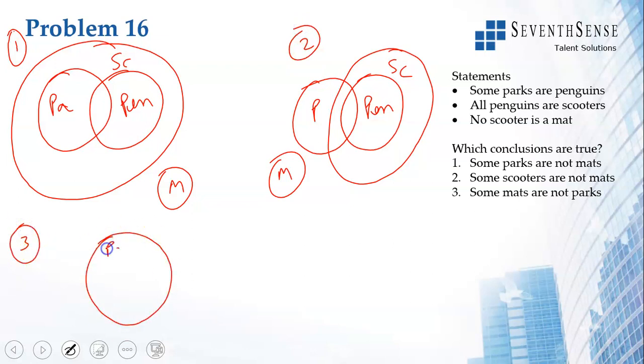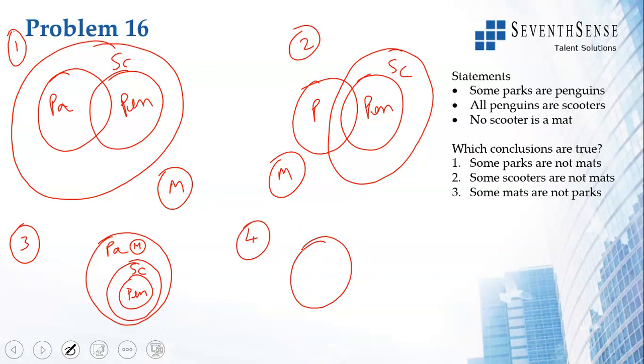Some parks are penguins. All penguins are scooters. No scooter is a mat. And probably the fourth way that I can think of, some parks are penguins.